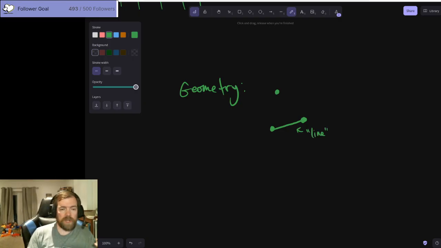We use the term line segment now, but those were considered lines back in his day. And then he said, if you have a line and another point that is not on that line, you can draw in a second line, and then between those two lines is an angle.